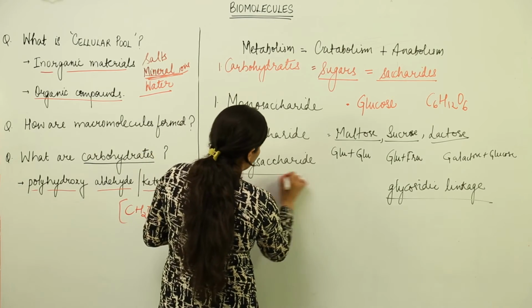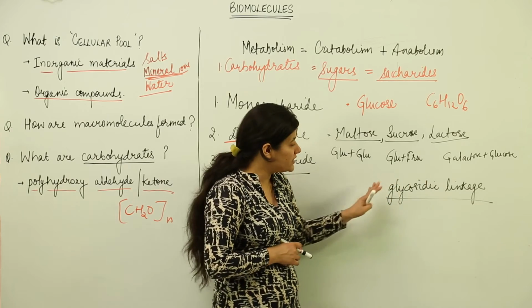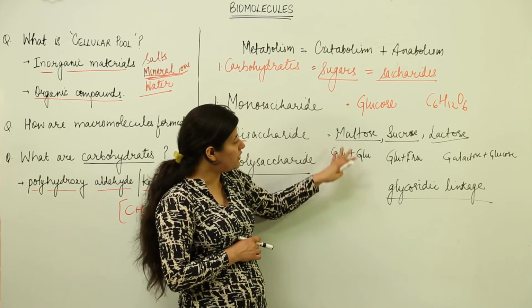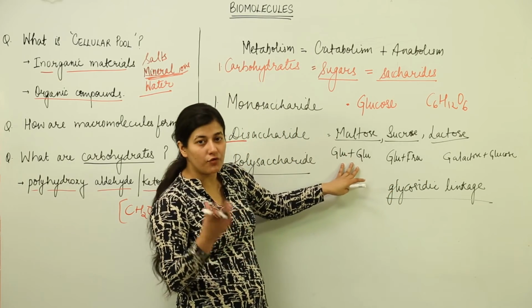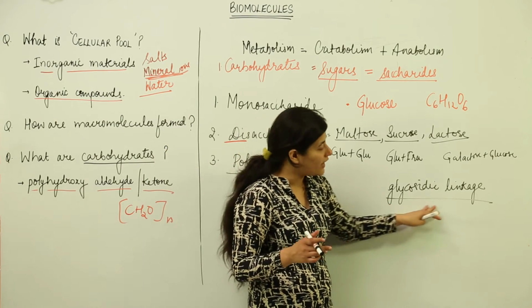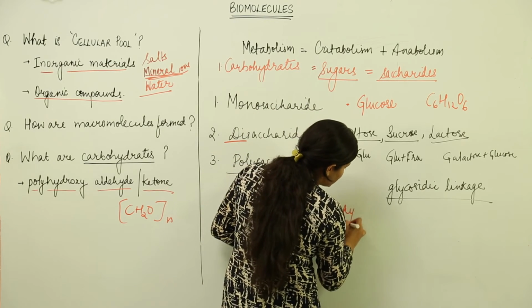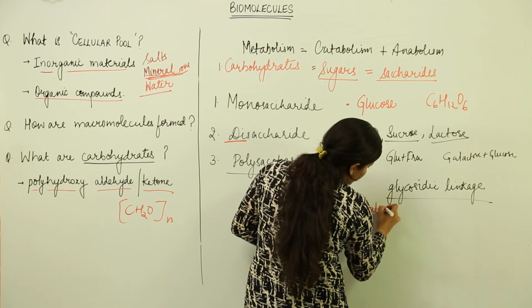So when we are studying disaccharides, we come across a term known as glycosidic linkage. This glycosidic linkage is present between the two monosaccharides which form a disaccharide, and such would be the case in polysaccharides as well. The glycosidic linkage is basically the dehydration synthesis that takes place between the molecules.